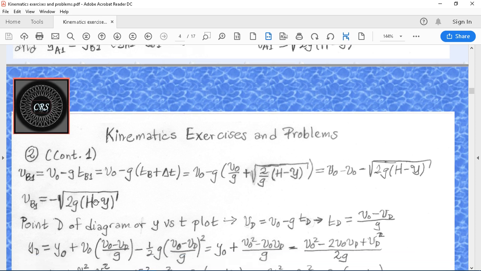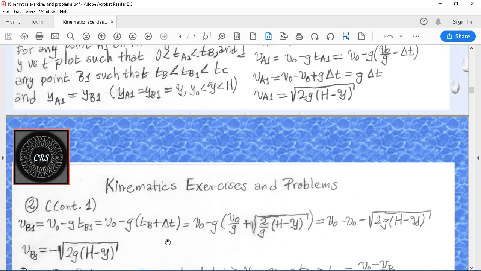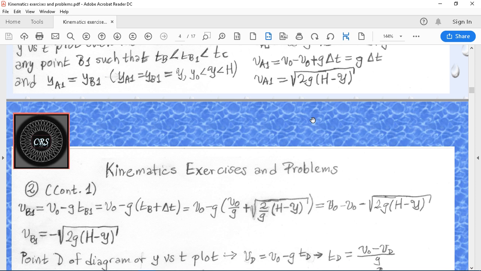You get that VB1 equals minus the square root of 2G times H minus Y. So, we have that VA1, VB1 have the same magnitude but opposite directions.